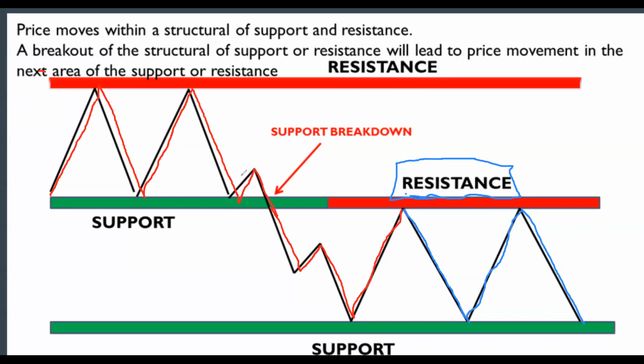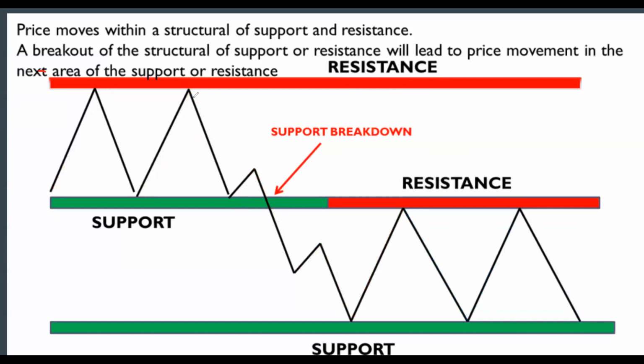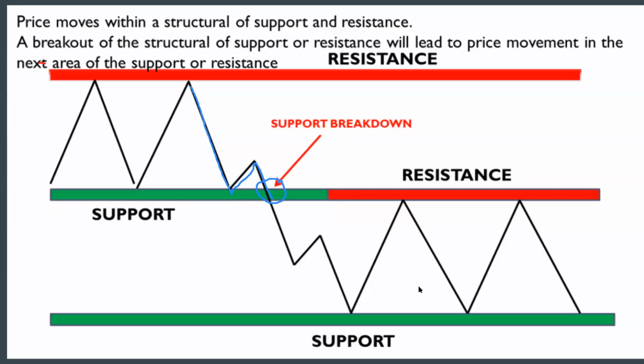Let me remove all the drawings. But when you have the market come from here, bounce off a support level, break the level right here, it breaks that level. Oops. Hey, don't be mean to me, Mr. PowerPoint.